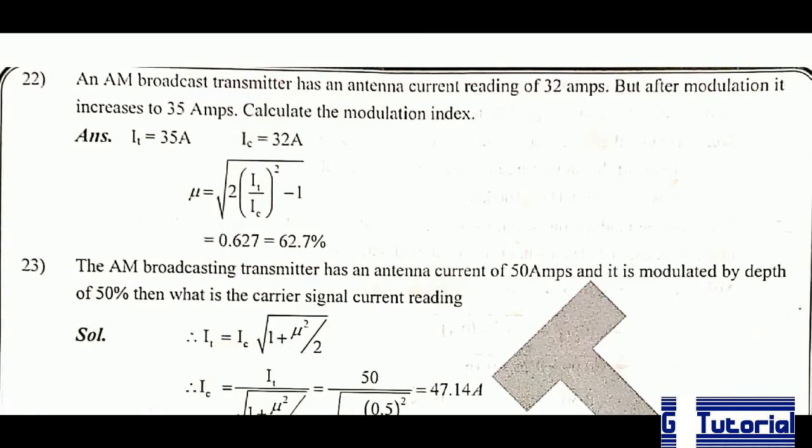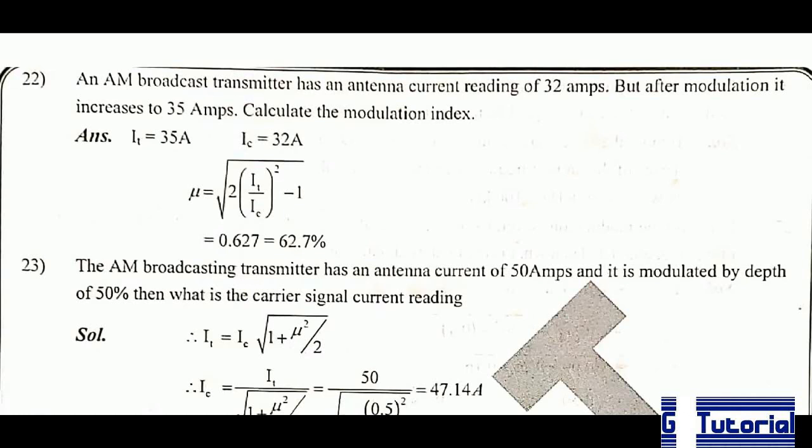We are given the value of Ic as 32 amps, It as 35 amps, and we are asked to find the value of mu. Rearranging, we get the value of mu as root of 2 into, the bracket is missing here, this 2 is common, It by Ic the whole square minus 1.